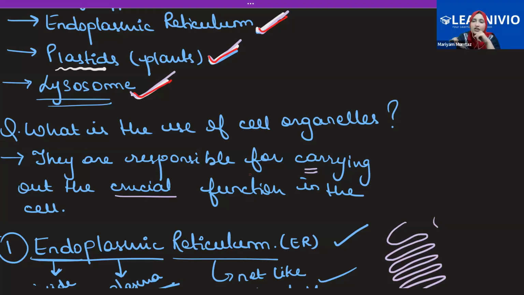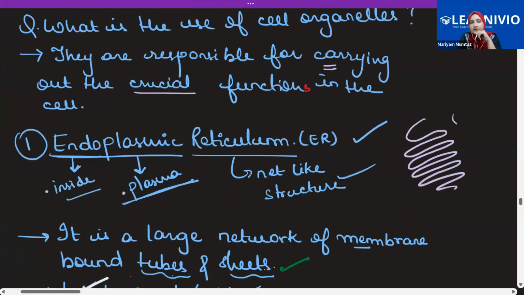Now, the rest of the organelles are not worried about protein synthesis. So it will be the function of the ribosome, whereas the other parts will have some other function. So the cell organelles are specialized cellular structures responsible for carrying out crucial functions in the cell. Clear? Yes, ma'am.